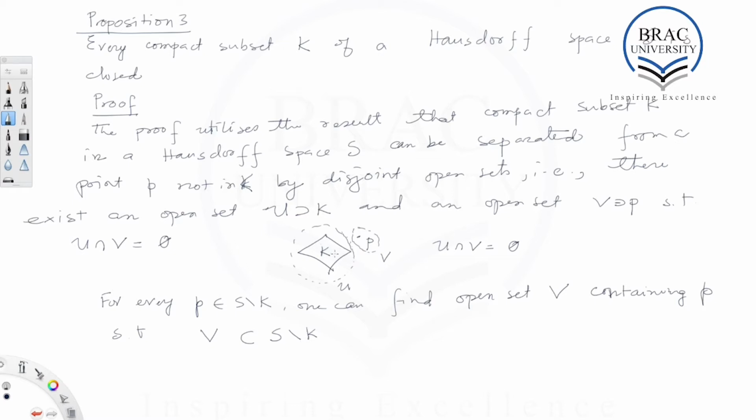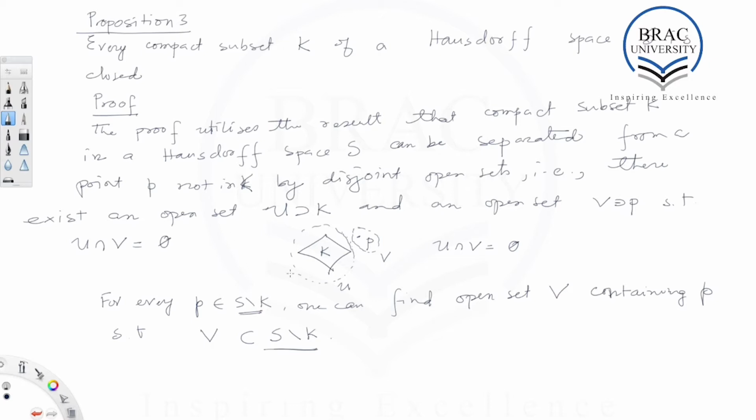All right. So for each point P in this set, we'll be able to find an open set V containing P such that this open set is entirely contained in S set minus K. It follows from this separation result. What does it mean?